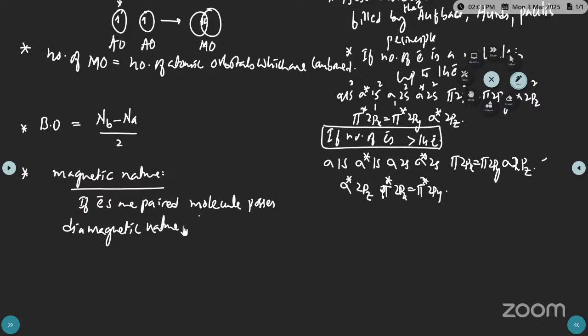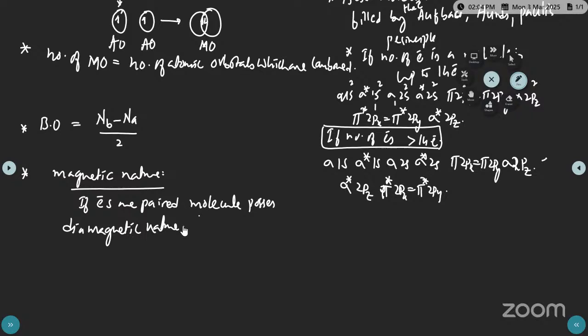Diamagnetic means that if electrons are paired in the molecule or orbitals, the molecule is repelled by the magnet. Paramagnetic means that the molecule is attracted by the magnet. If the molecule is attracted by the magnet, it is known as paramagnetic.